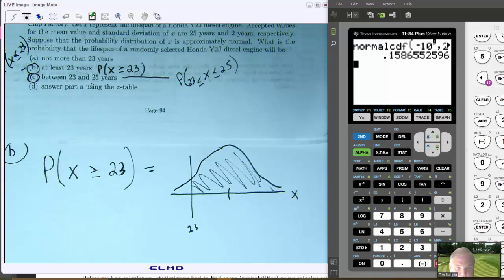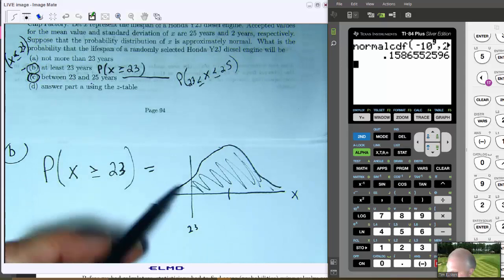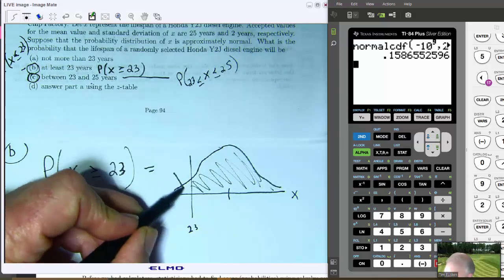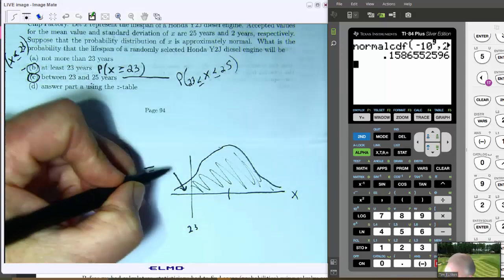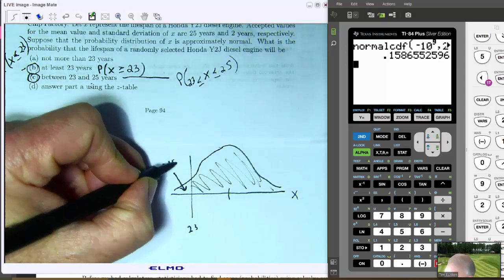Probably the easiest way is to use the fact that the total area underneath this curve is 1. We already know from that previous problem that the area of that white space there is 0.1587.